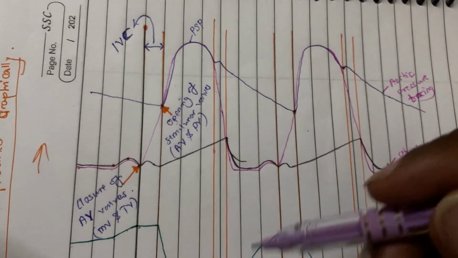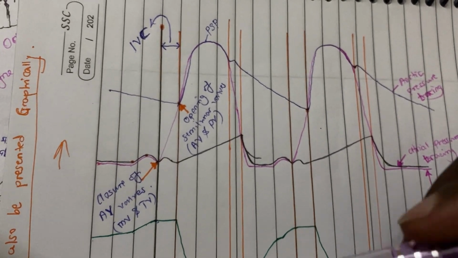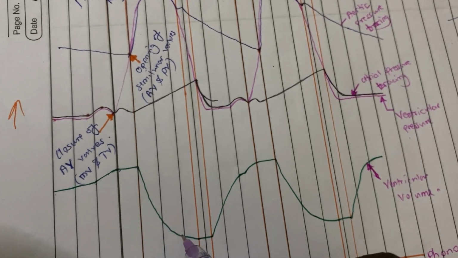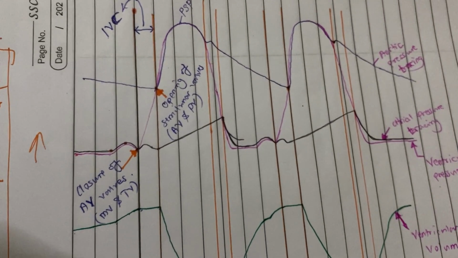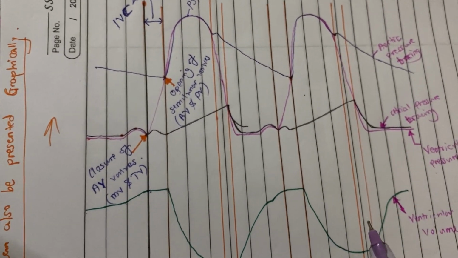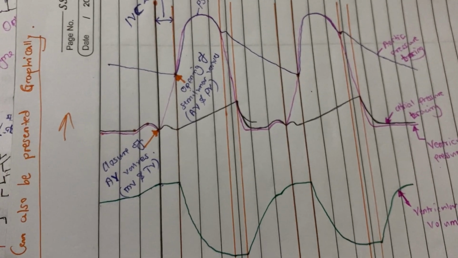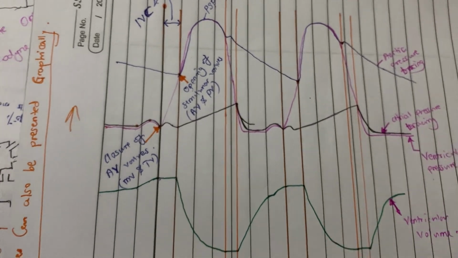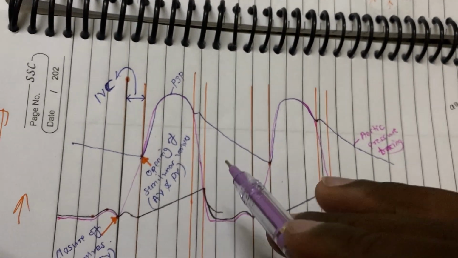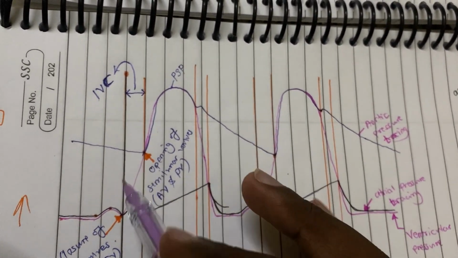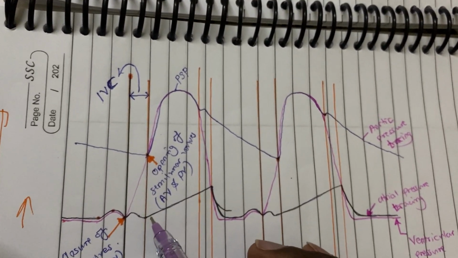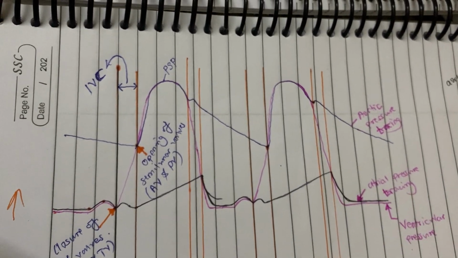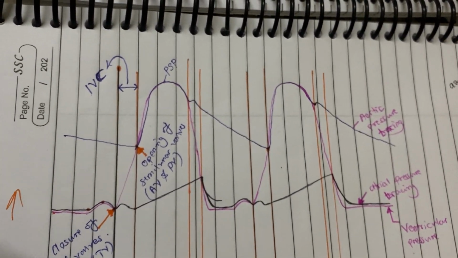And during the period of ejection, what happens? The ventricular volume goes down because blood is leaving, so its volume reduces. I showed it the other side with the changes in size of the ventricles. All along, what happens in the atria? The atria are filling, and this is its pressure. Whenever chambers are filling, the pressure keeps on increasing.